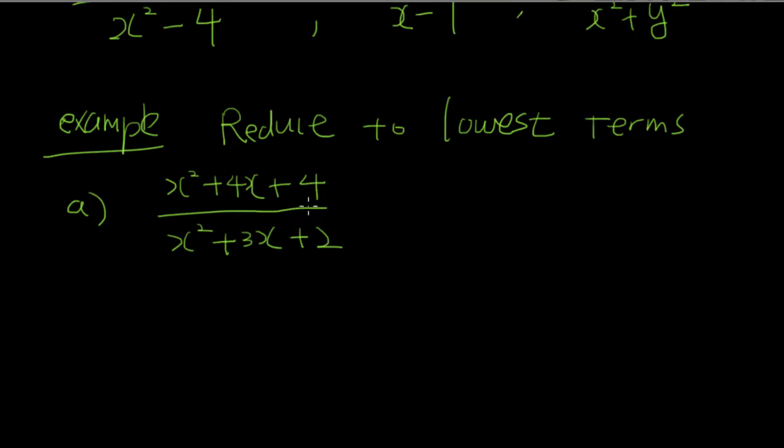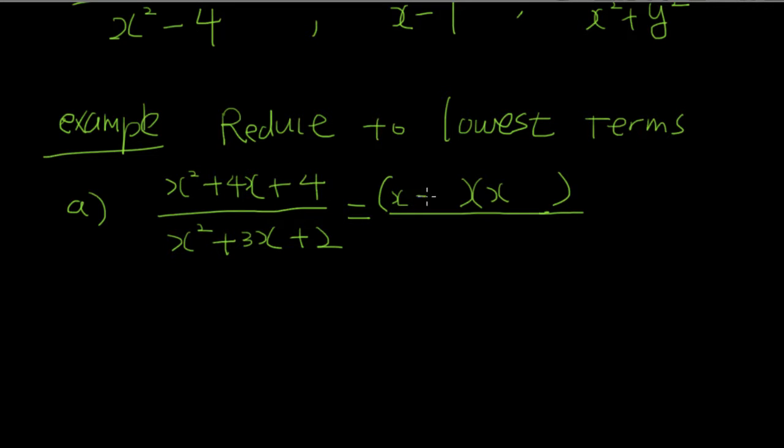Now what we try to do is reduce this to the lowest term, meaning we need to factor this and we need to factor this. Remember, this is a particular type of factoring where we have no number in front of the x squared term, in the x squared plus bx plus c form. We put it in this x and x form and figure out the two number combination: multiplied to be 4, added to be 4.